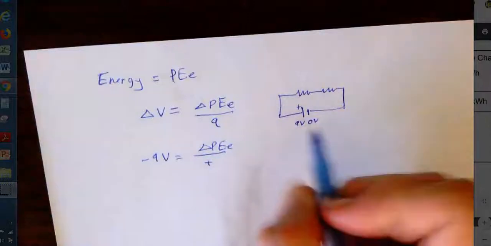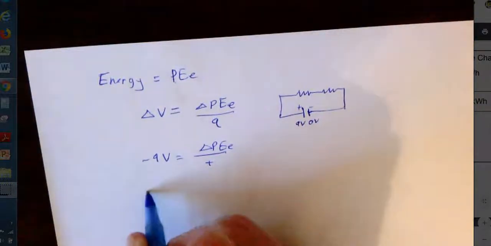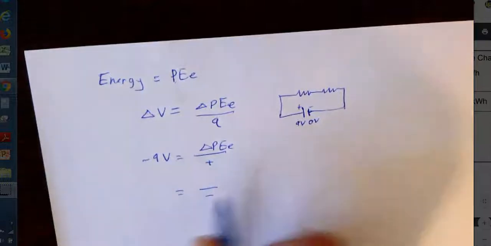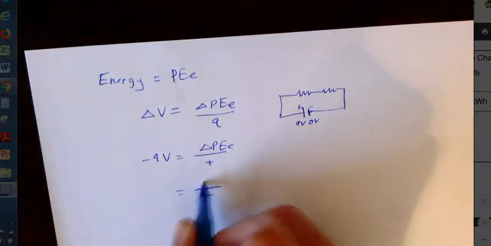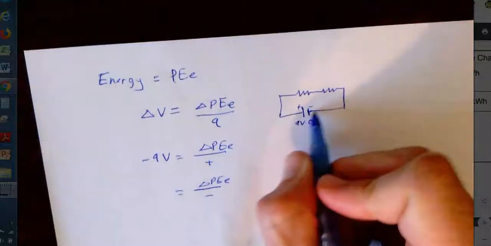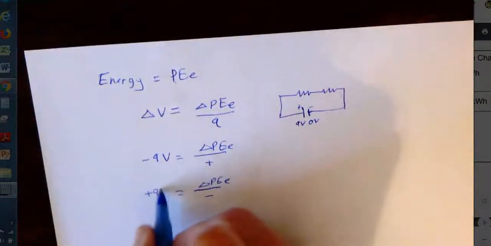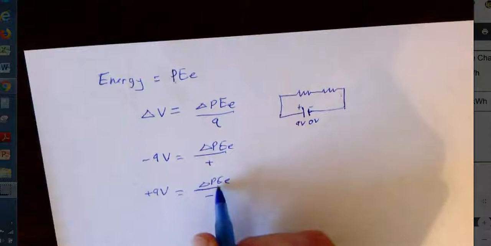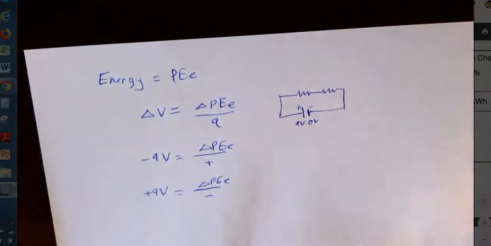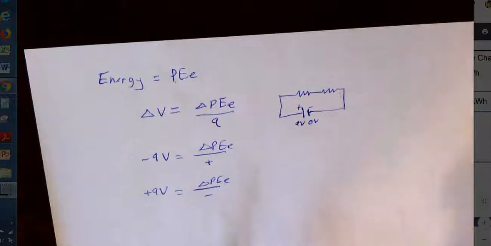Really it's minuses, electrons. So they would go from the negative side up to the positive side, up 9 volts. And it doesn't matter. The change in electric potential energy is negative either way, which means the charges are losing energy, which is what they want to do naturally.